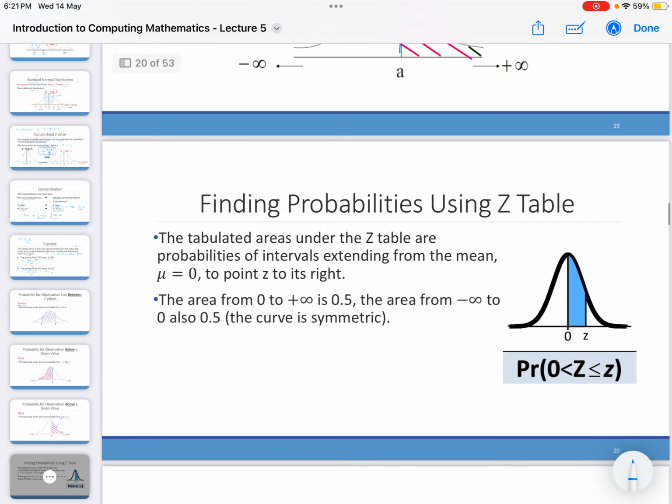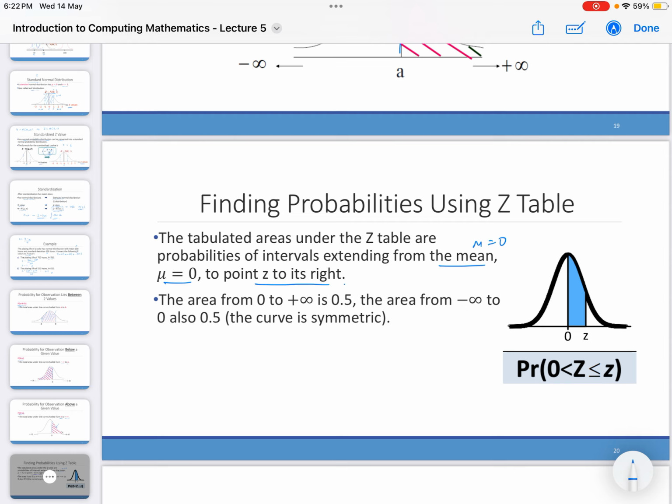Okay, now we want to learn how to find probabilities using the Z table. The tabulated areas under the Z table are probabilities of the interval extending from the mean, which is Z equals 0, mu equals 0, to the point Z to its right.